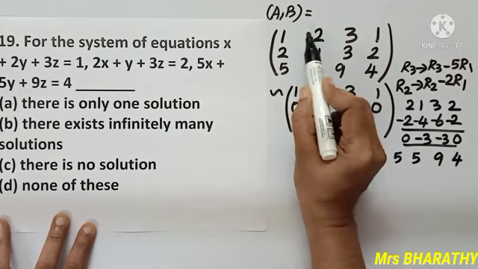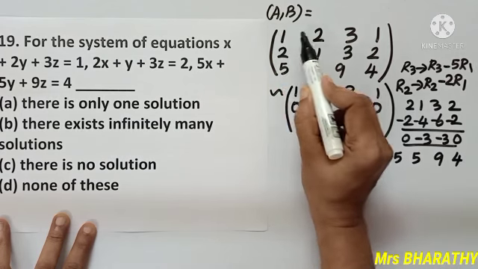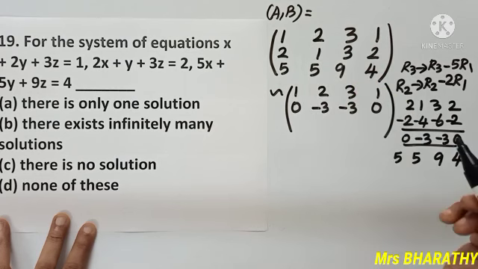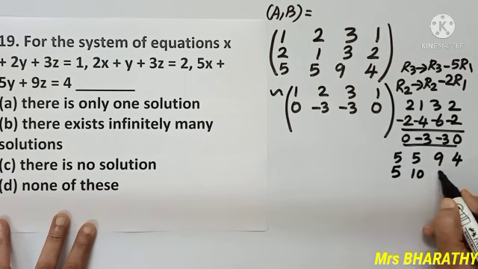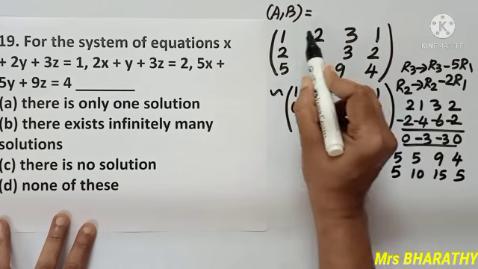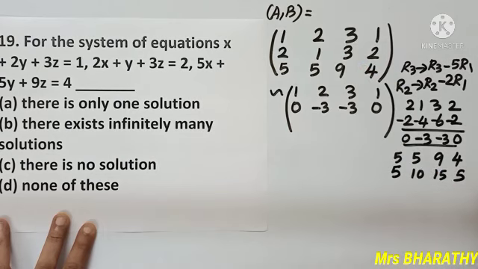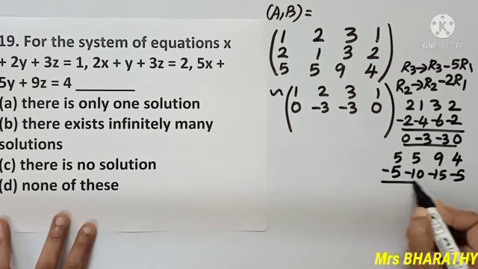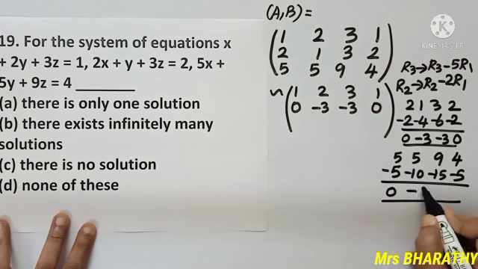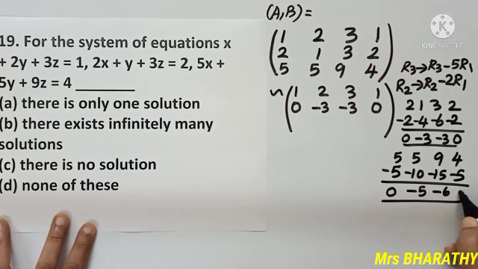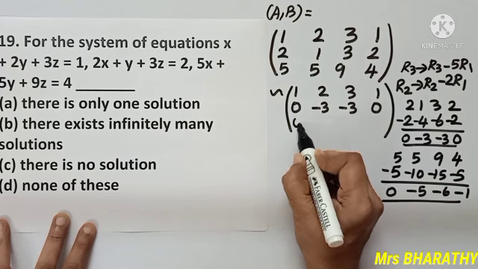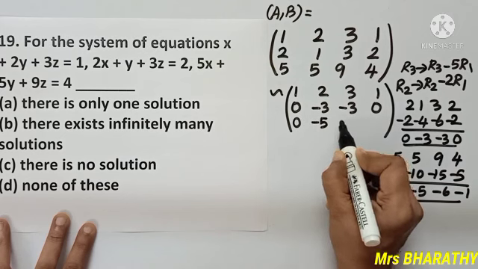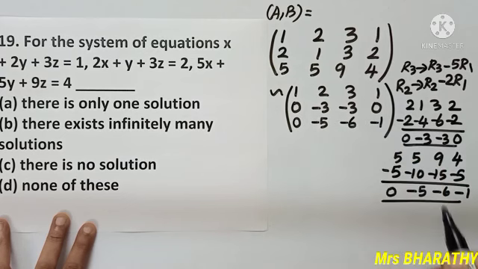R1 we multiply by 5, so 5, 10, 15, 5. I want a minus symbol, so subtract. We get 0, minus 5, minus 6, minus 1.